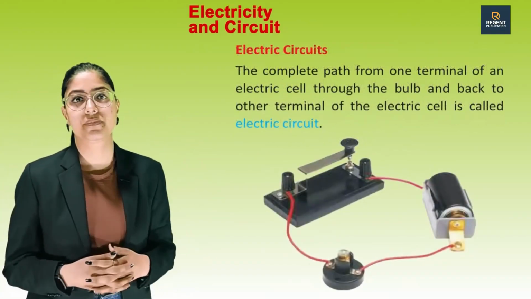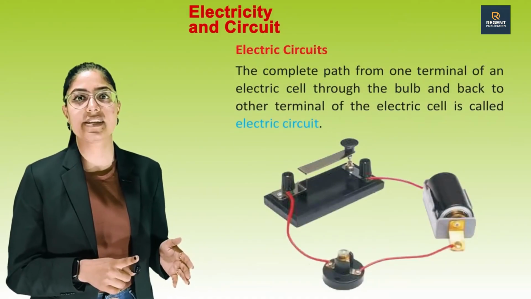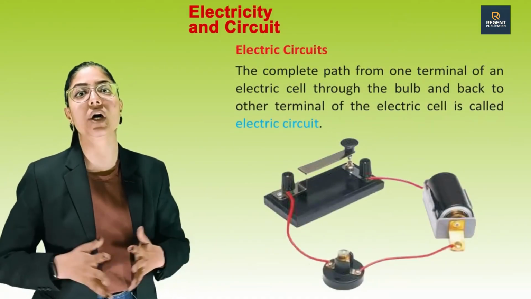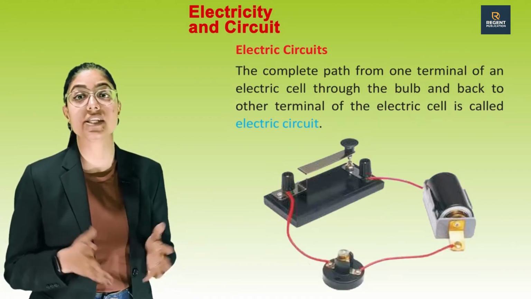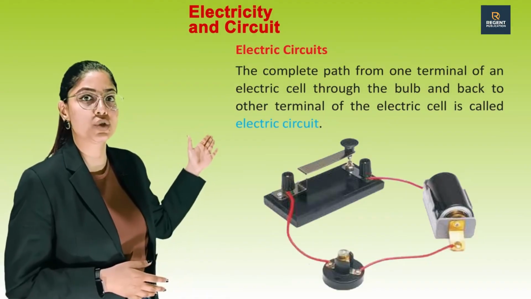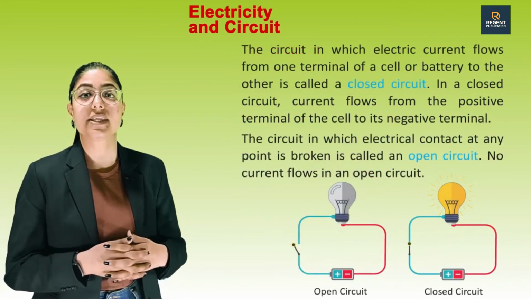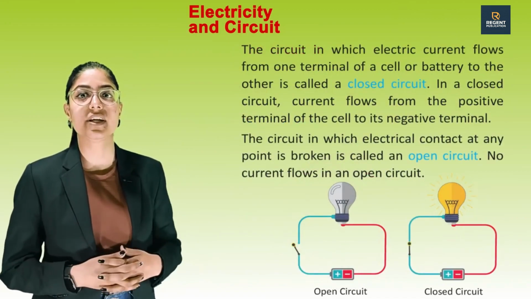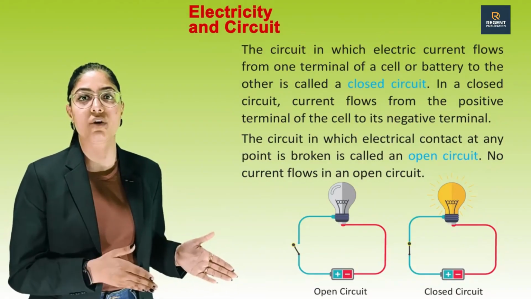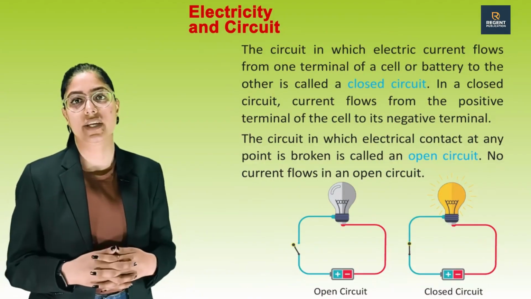Electric circuits. The complete path from one terminal of an electric cell through the bulb and back to the other terminal of the electric cell is called an electric circuit. This is a picture which shows you an electric circuit. The circuit in which electric current flows from one terminal of a cell or battery to the other is called a closed circuit.